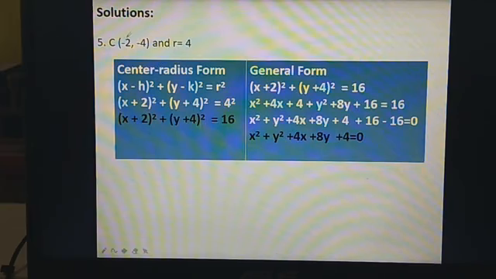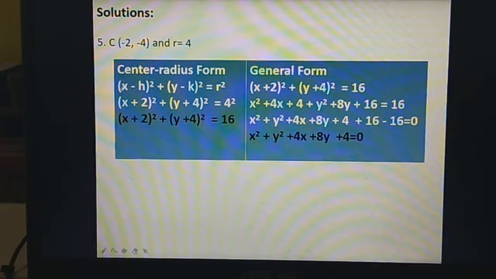So, this is your value of h, negative 2, and your value of k is negative 4. We have the quantity of x minus h squared plus y minus k squared is equal to r squared. Substitution, x minus the value of h, negative 2. So, minus negative 2 will be positive 2 squared. Plus, y minus, ang ima-minus natin is negative 4 value of k.